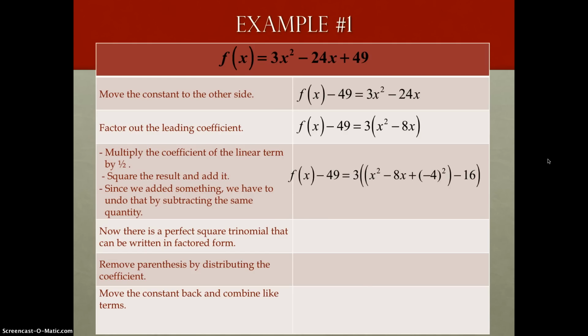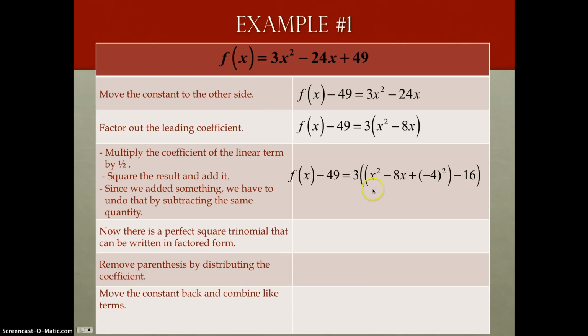So we do that by taking half of the middle term. So we took half of negative 8, which is negative 4, and we squared it. Now the problem with that is we added negative 4 squared. So therefore we have to also subtract negative 4 squared. So we have to subtract 16 so that we're actually not changing the value of the function.